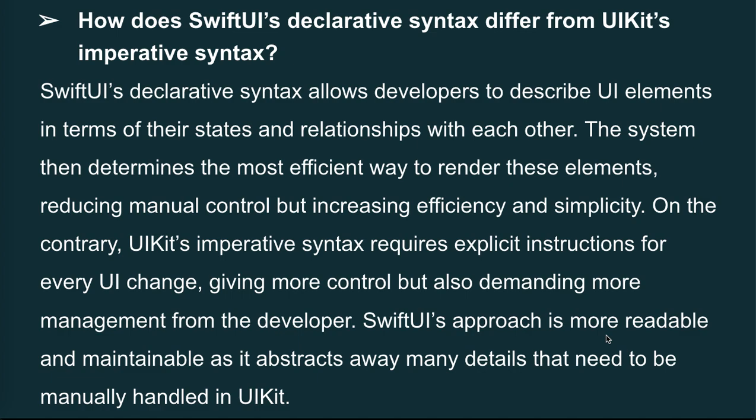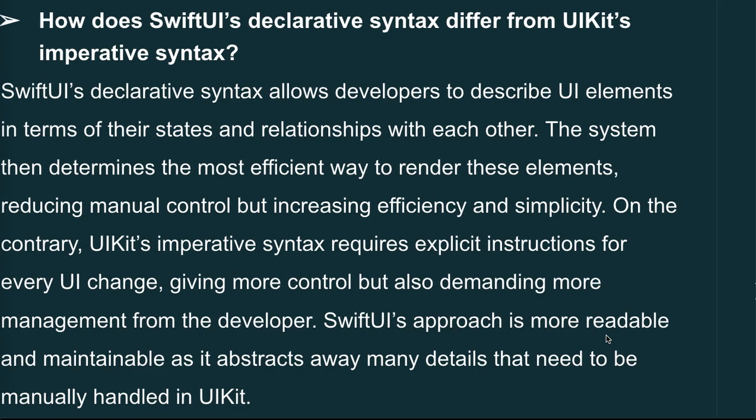On the contrary, UIKit's imperative syntax requires explicit instructions for every UI change, giving more control but also demanding more management from the developer. SwiftUI's approach is more readable and maintainable as it abstracts away many details that need to be manually handled in UIKit.